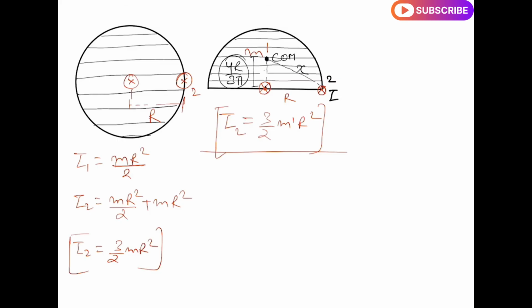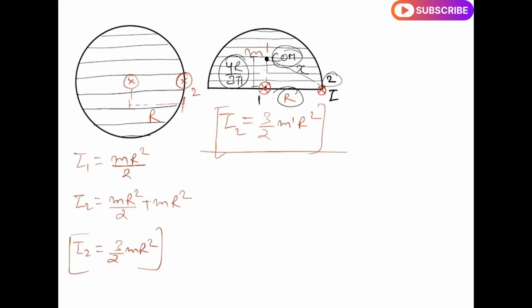So this is 4r by 3 pi and this is r. We know that the parallel axis theorem is applicable from the center of mass. So let us first of all find out the moment of inertia of this half disk about its COM axis. So this is axis 1, this is COM, and this is 2.